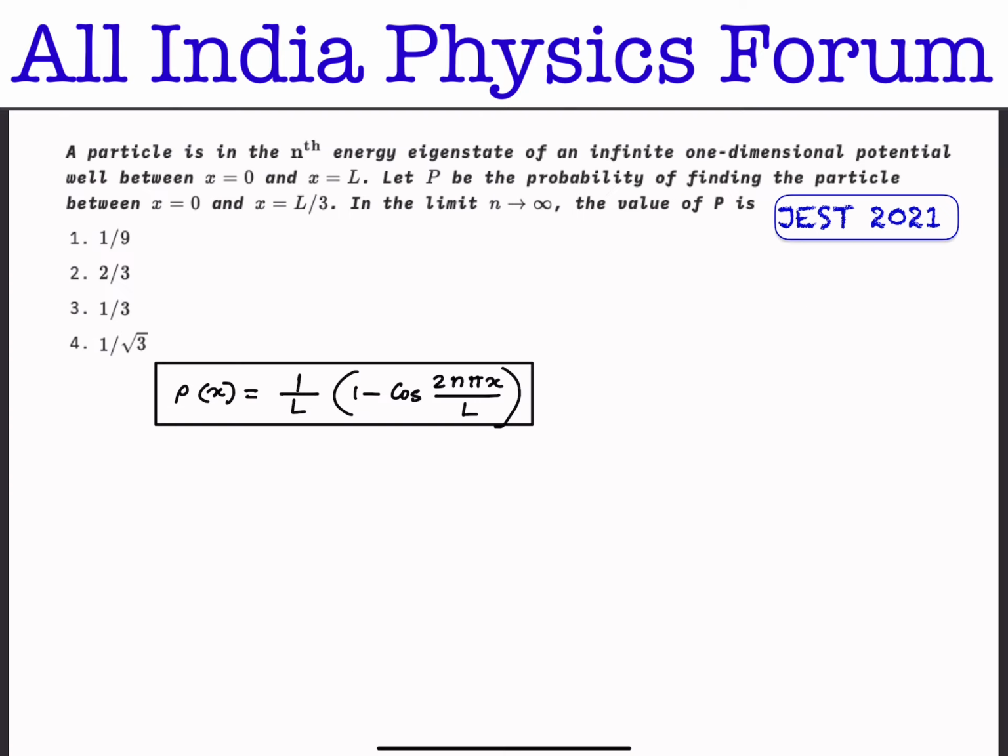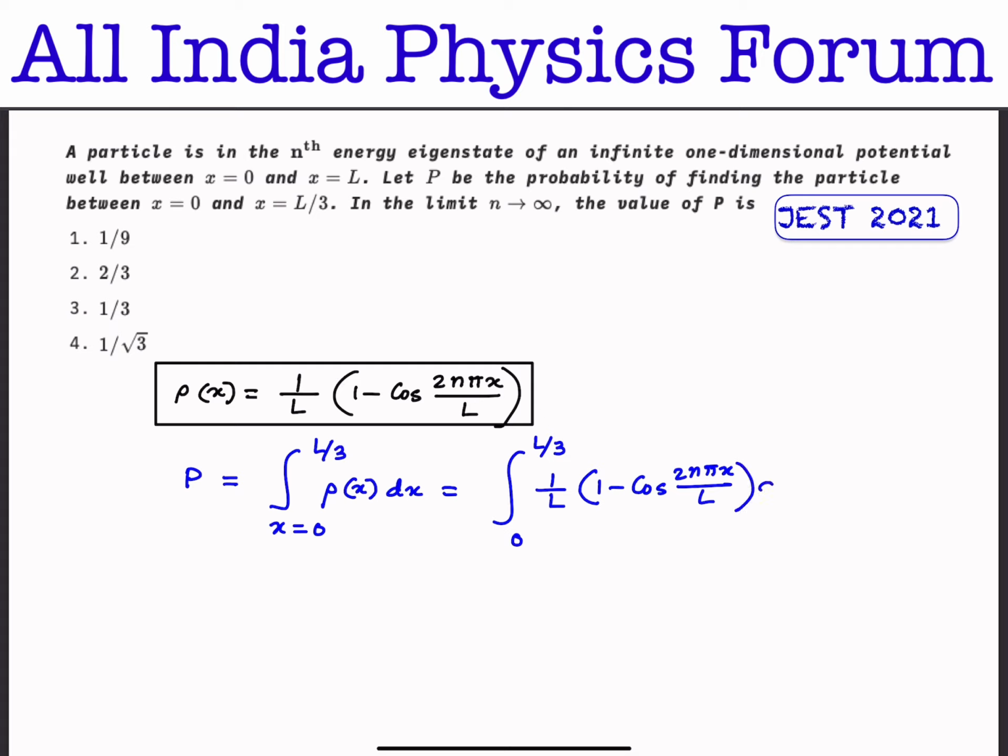Okay, so let us now calculate the desired probability. P is equal to the integration from x equals 0 to L by 3 of rho(x) dx. So it is the integral from 0 to L upon 3 of 1 by L times (1 minus cos(2 n pi x upon L)) dx.